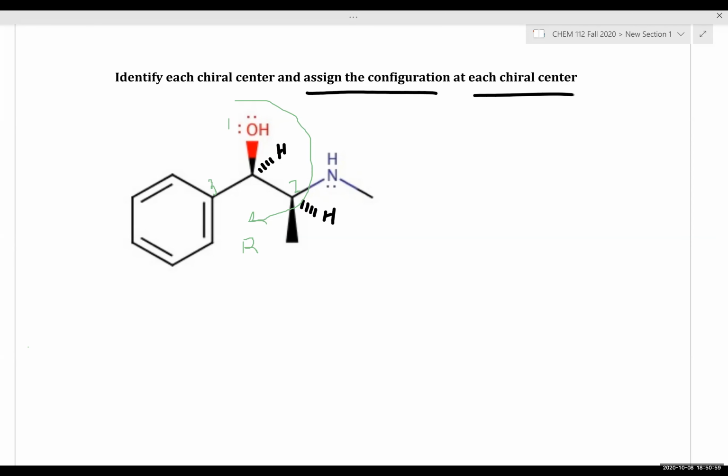Does anyone have a proposal for the stereochemistry for our second stereocenter? As there are two stereocenters, we want to make sure that we've assigned the stereochemistry for each.